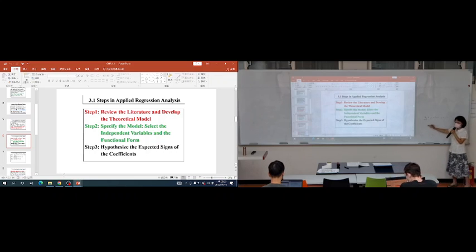Then I may also use y equals a plus b x1 plus c x2, and maybe x2 squared. There are two different functional forms.